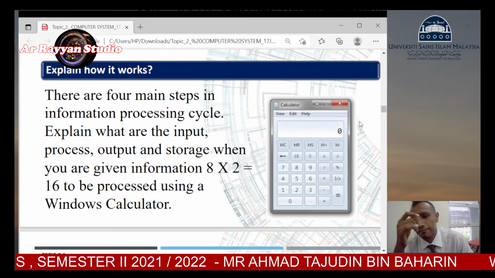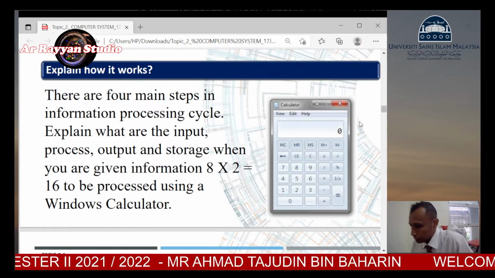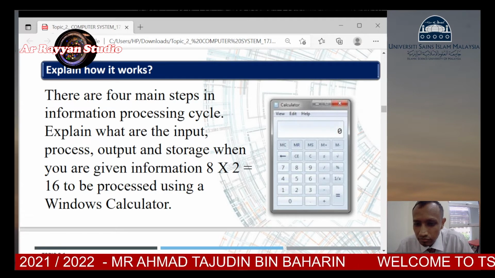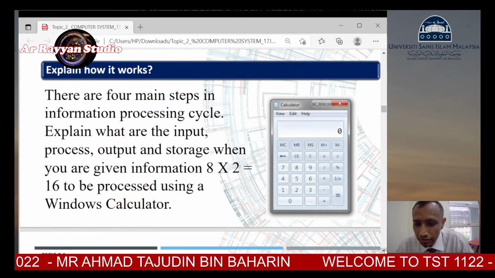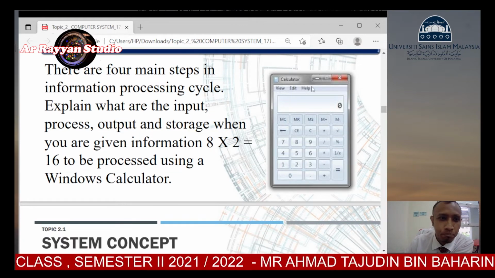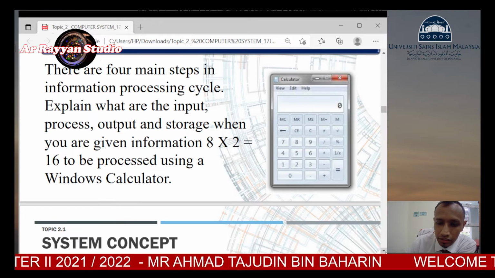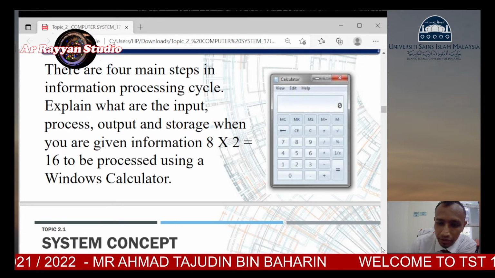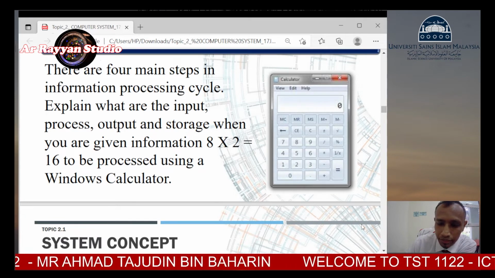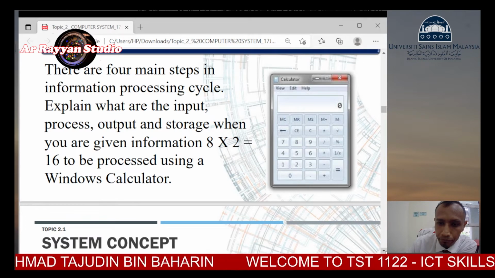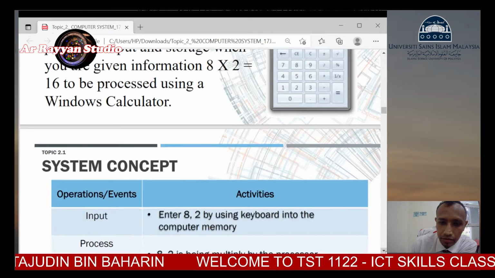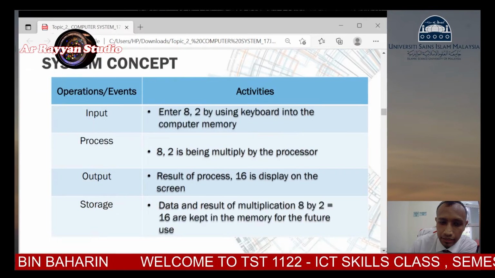How about storage? Dia akan simpan 16 tu. Jawapan kita tadi. Dia akan simpan RAM. Right. RAM tu, sebab dia untuk temporary kan, so dia akan simpan dekat RAM. Alright. Okay, itu je.